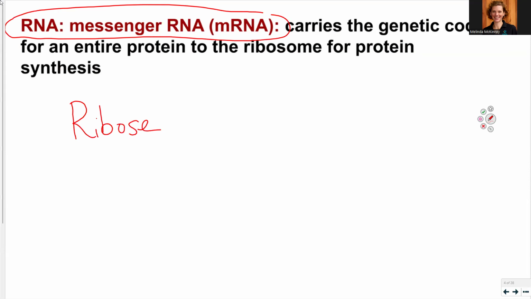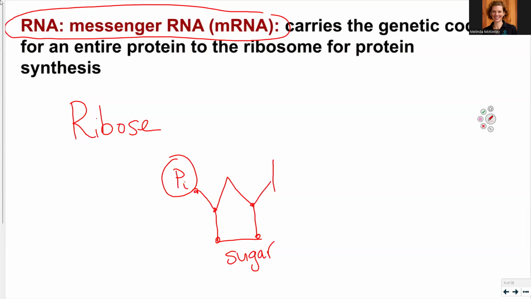If you remember the nucleotides, every monomer of a nucleotide has a sugar, a pentose, which means it has 5 carbons, and then it has a phosphate group, and it also has a nitrogenous base. So RNA is similar to DNA in this way.